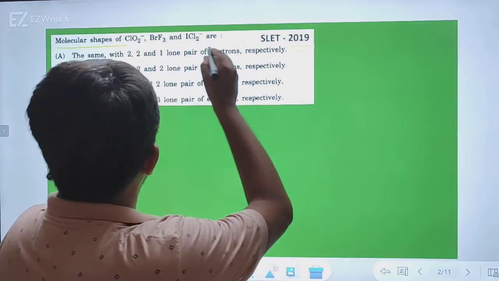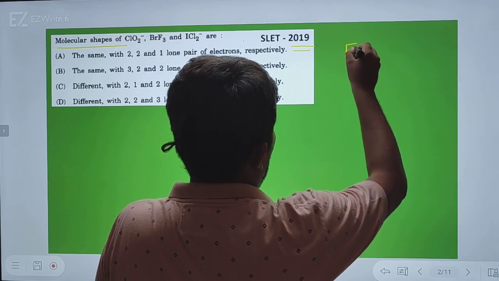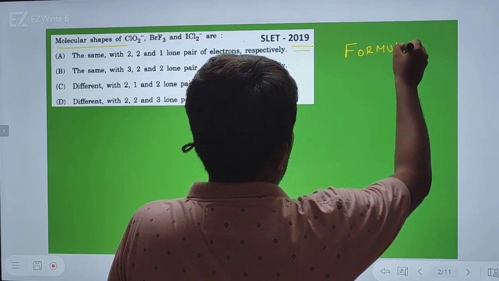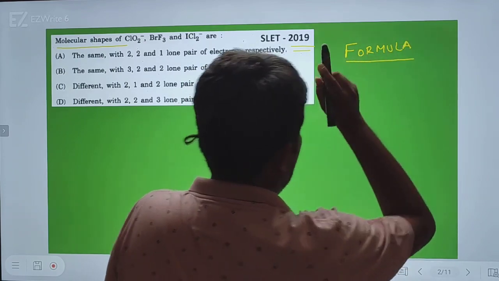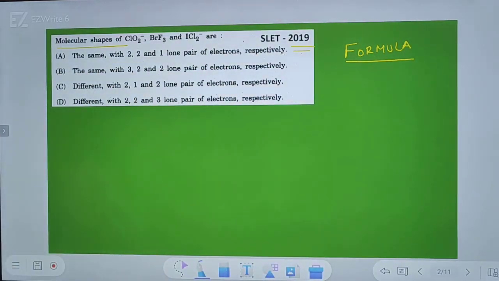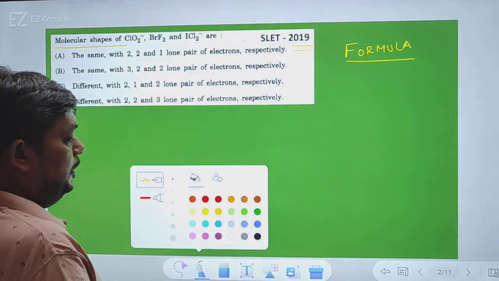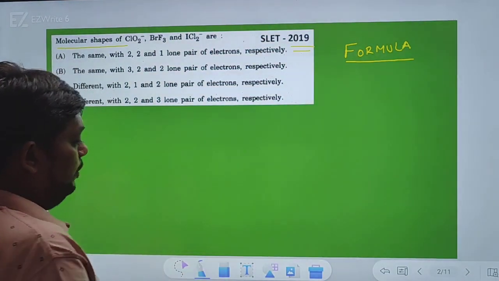For solving these types of questions, we have a very basic formula that we take into consideration. If we quickly go through this formula, I can bet it becomes very easy to solve such questions. So let us have a look at the formula.